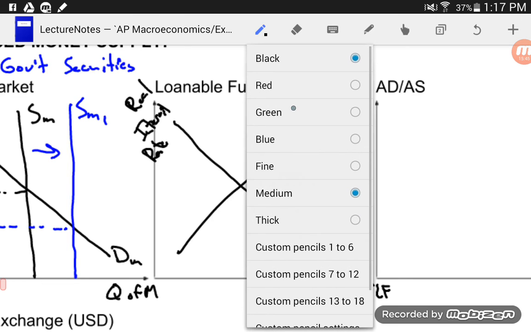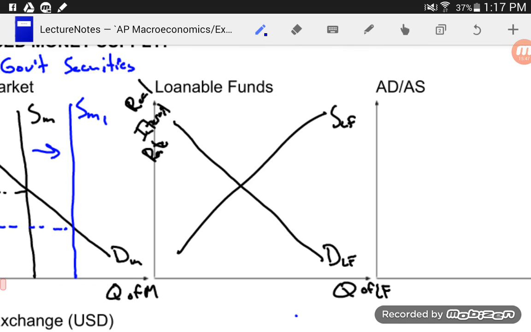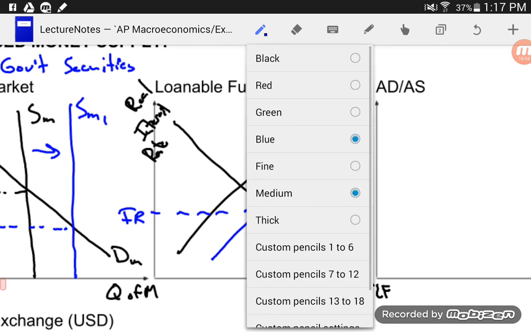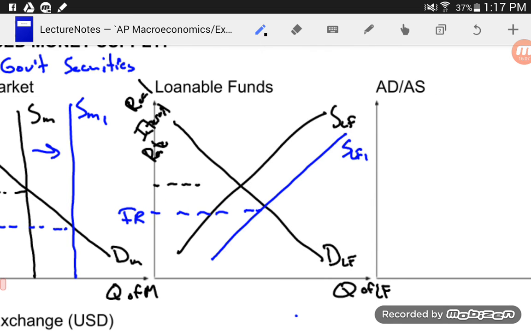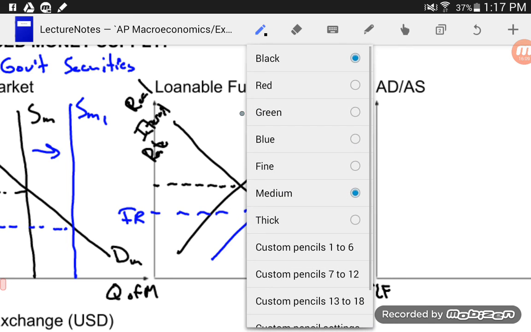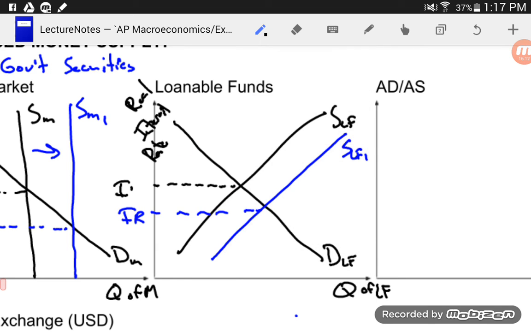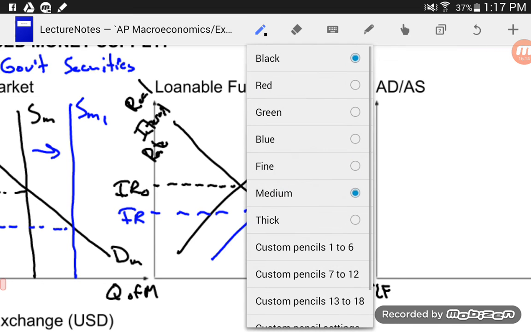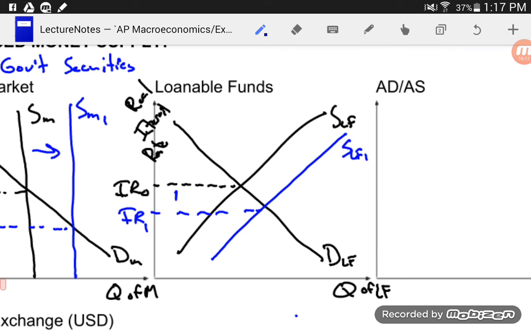And indeed it is. Buying government securities means they're buying them from banks, which means banks have more money to loan. And so the supply of loanable funds is increasing. Oops, I forgot to draw in my interest rate, but real interest rates are going to be dropping initially as well.